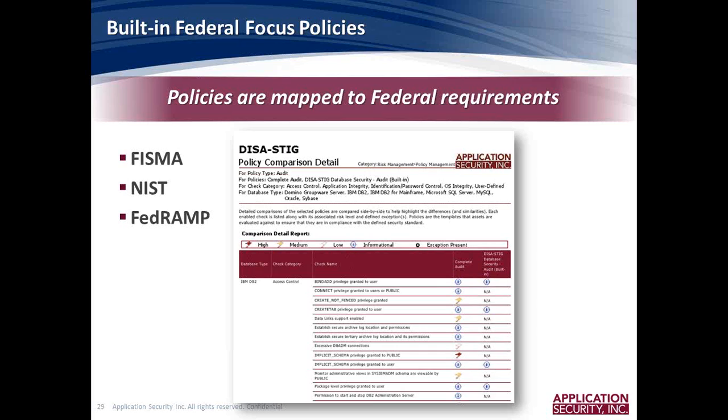DB Protect has built-in reports with mapping from all of our built-in checks and rules to the specific requirements of these benchmarks, of these security guidelines. So we've got a one-to-one mapping to the DISA-STIG. We've got a one-to-one mapping to the CIS benchmarks.